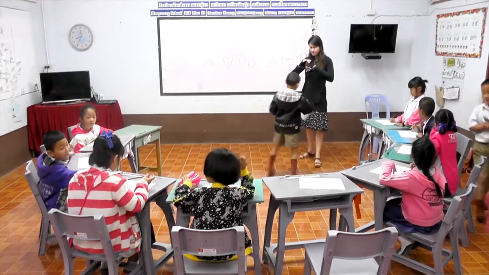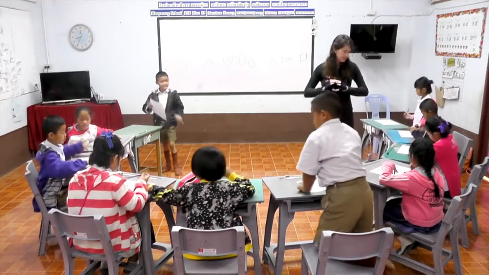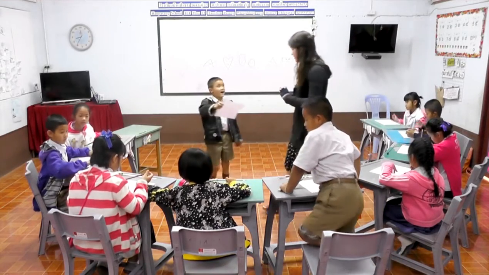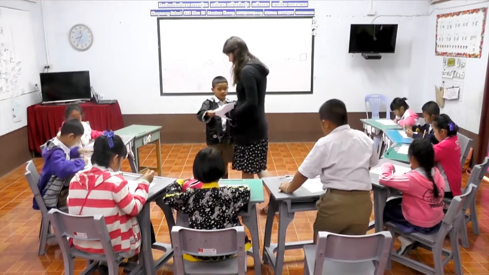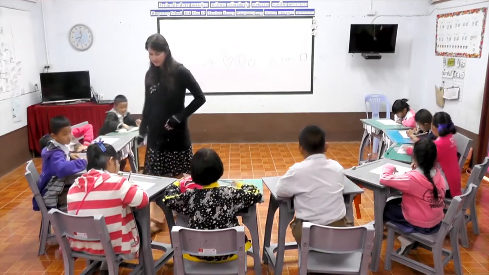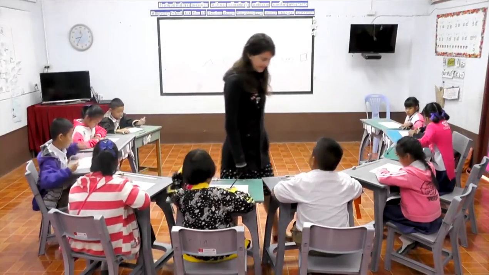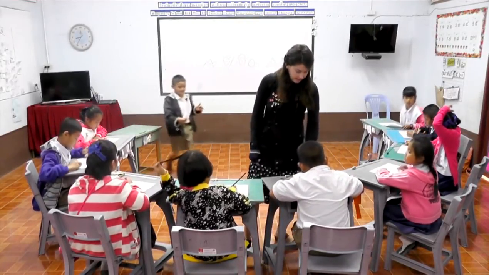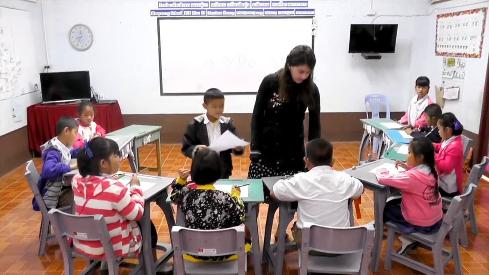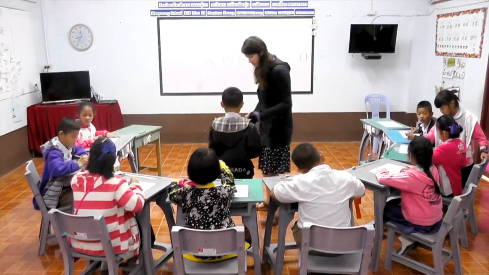Circle. How many circles? 5? All right. Write a 5 right in there. 5. Yeah. 1, 2. Good. Rectangle. Hold on, buddy.